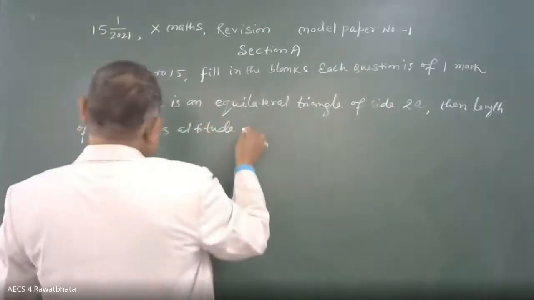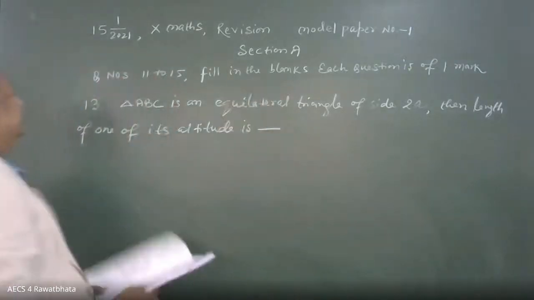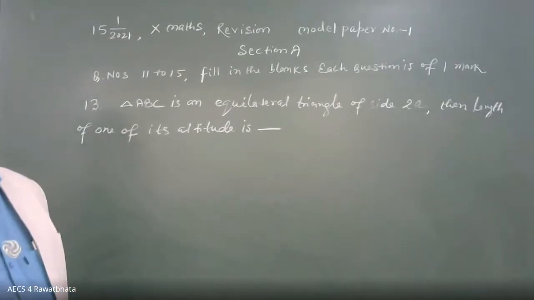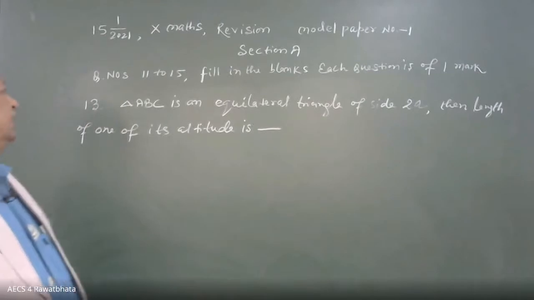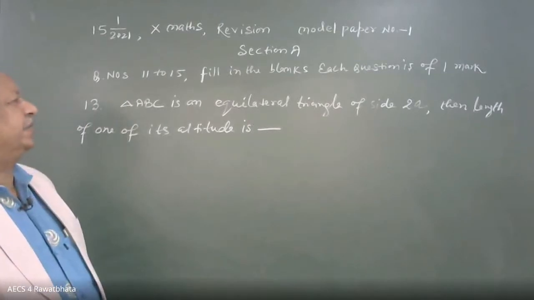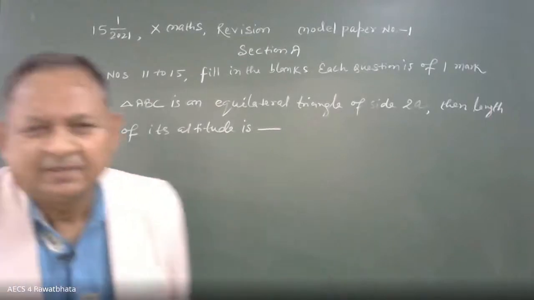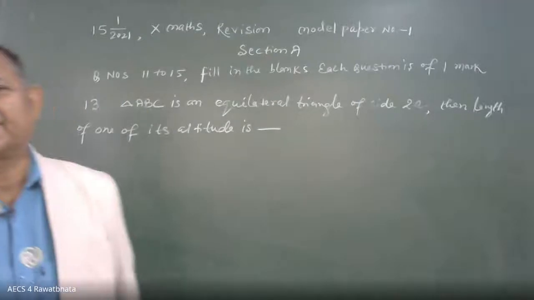Triangle ABC is an equilateral triangle, and each side is equal to 2a.